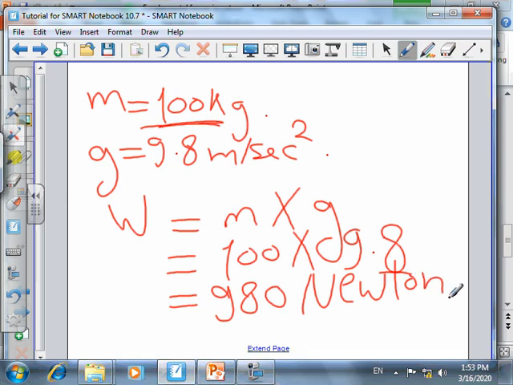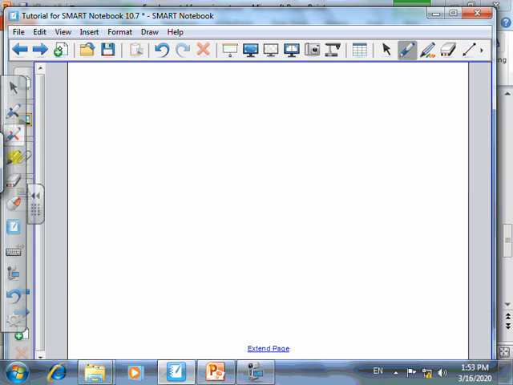Another type of force, but before we talk about another type of force, we can talk about the gravitational force as well.